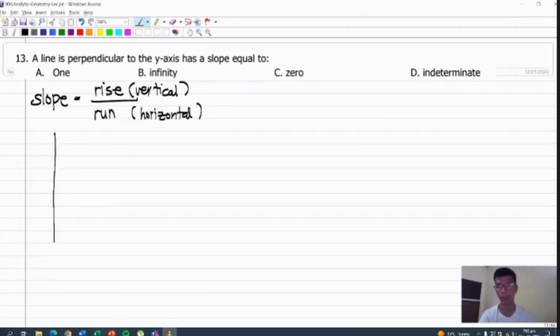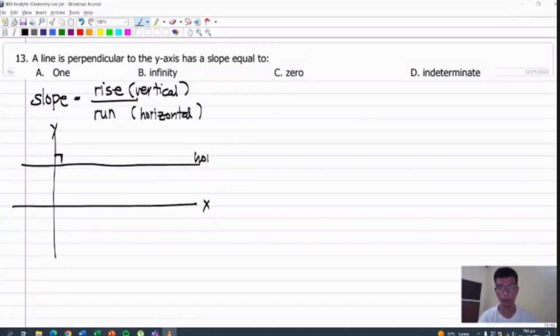So, ano ba ang itsura ng line? So, this is the y-axis, this is the x-axis, and that is the Cartesian plane, diba? So, sabi dyan, the given line is perpendicular to the y-axis. So, if this is the y-axis and the given line is perpendicular, meaning the line is horizontal.